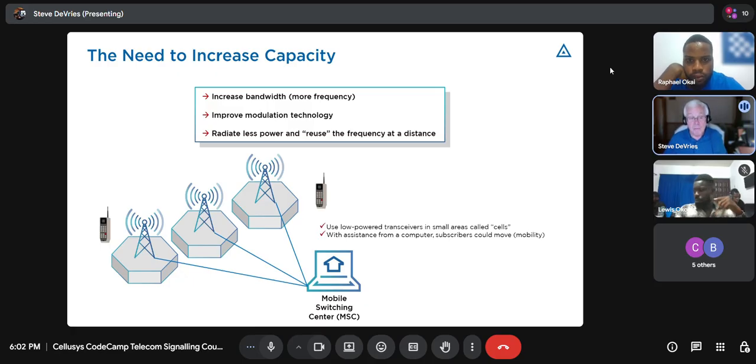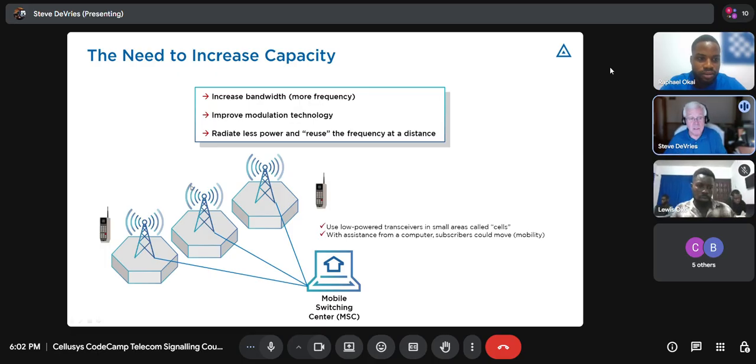If you emit radio right here, but you don't blast it out, in other words you decrease the power so it's only valid in this area, you can reuse that frequency some distance away. So this guy talking here can be using the exact same frequency as you're using here, because you're not bleeding over into here. That's the whole idea of cellular. Cellular means that you can reuse frequencies at some distance away.